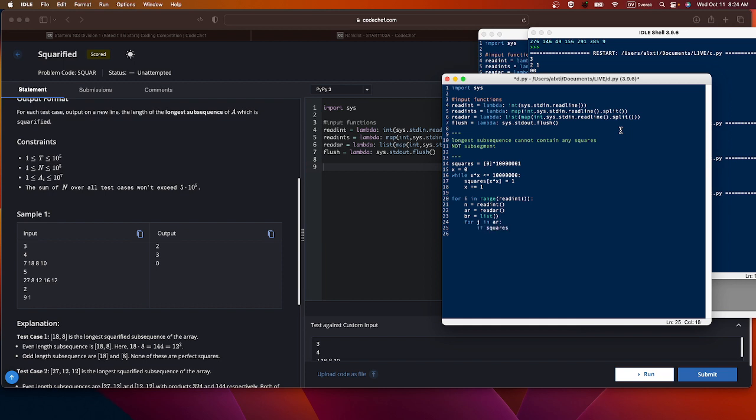If squares j is equal to 0, so it's not a square, br dot j. If n is less than or equal to 1, just return n.